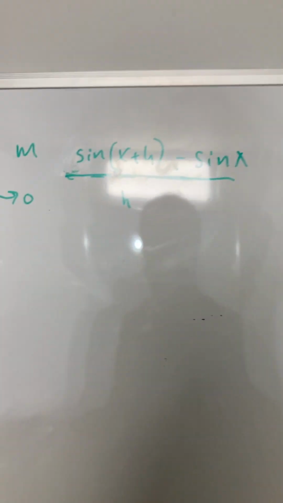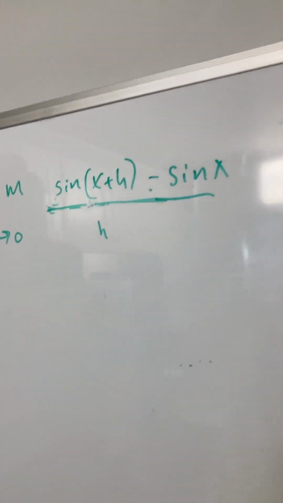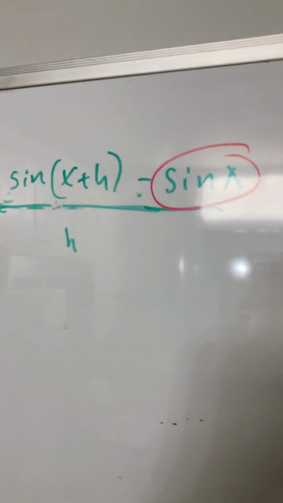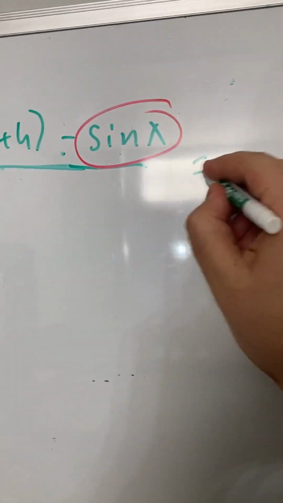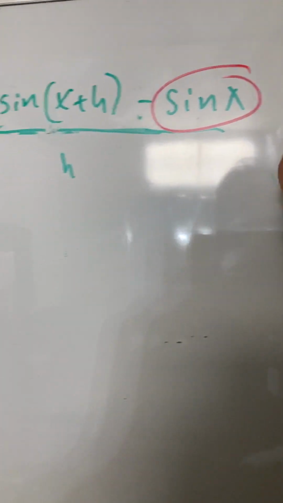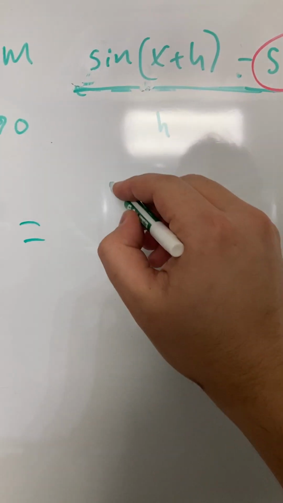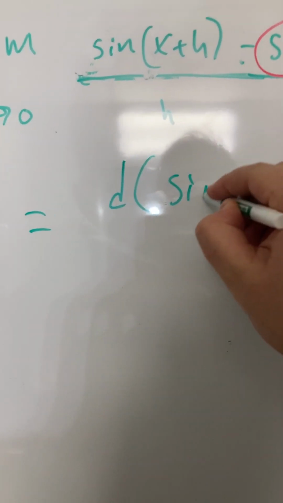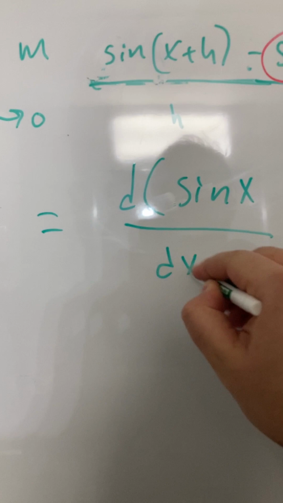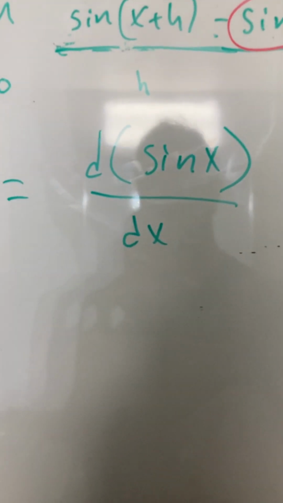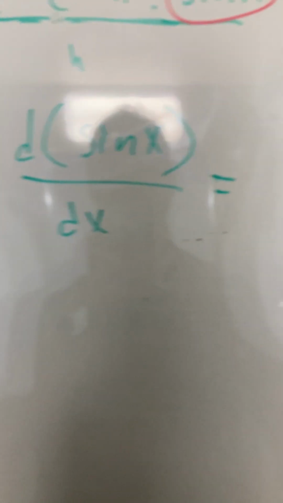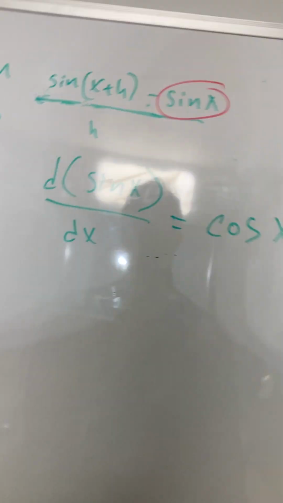Now again, I'm passing all my tests. I've got an h. I can see this right here. So I'm going to write that this is equal to the derivative of sine of x with respect to x. Now, fully grown calculus, I know that that is equal to cosine of x.